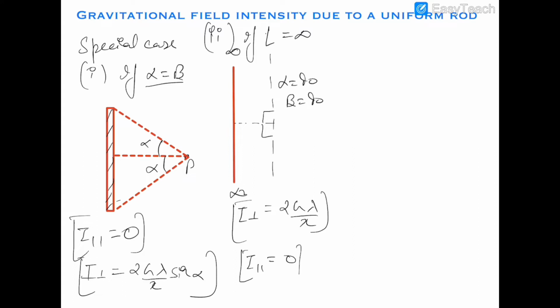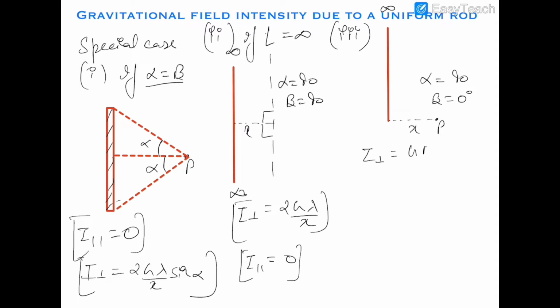Now in the third case, the wire is of infinite length, but this point lies near one end of the wire at a distance of x. So in this case, one angle alpha is 90 and the other angle is 0 degrees. So I perpendicular would be equal to G lambda by x, and I parallel would also be equal to G lambda by x.